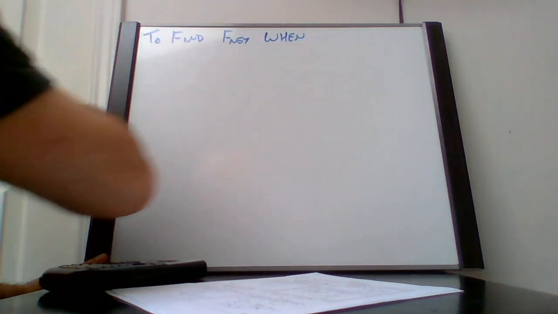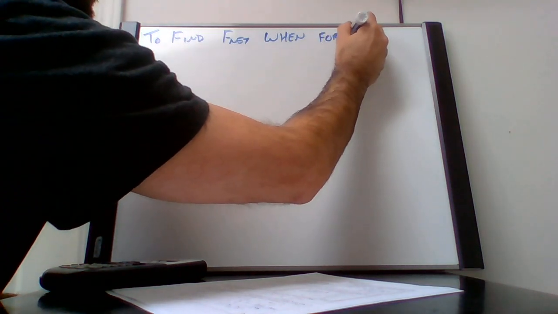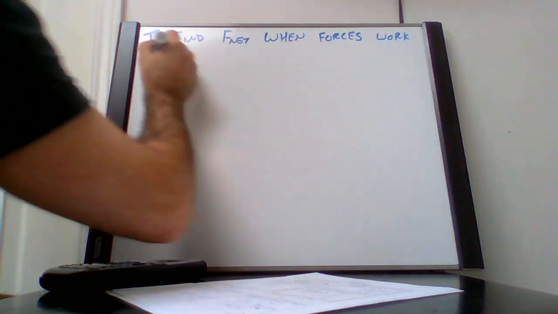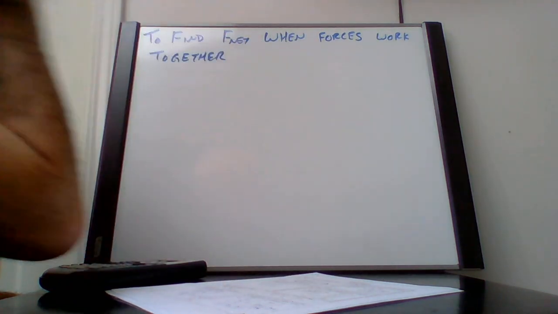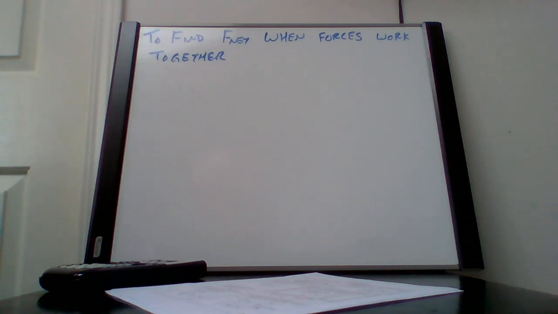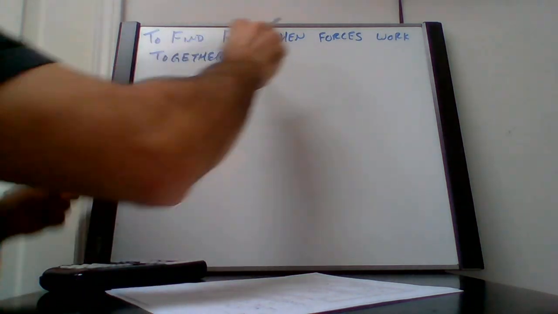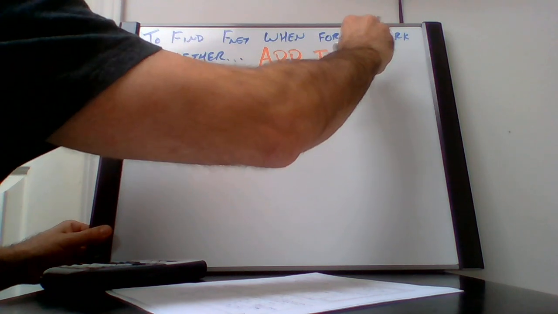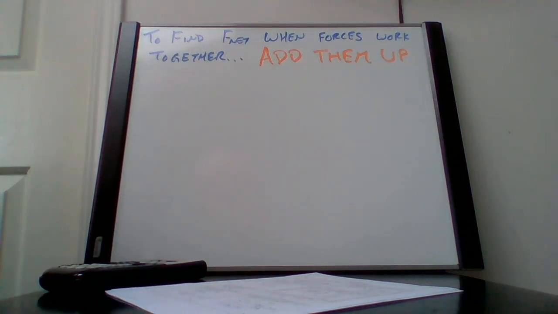It says when 2 forces, we can just say when any number of forces work together, to find the F net, the answer is to add them up.